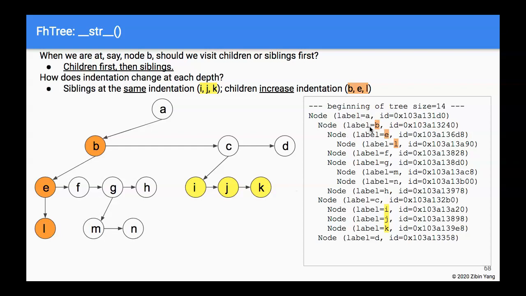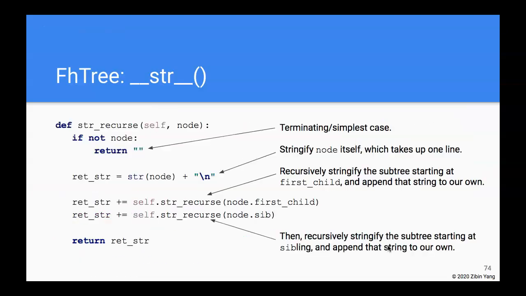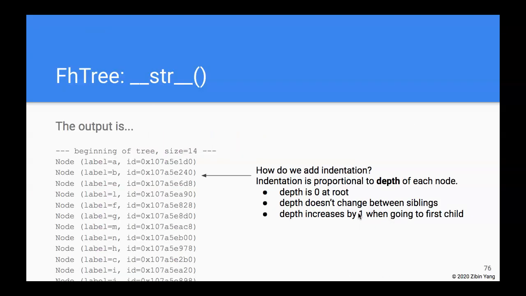That is the direct result of the indentation increasing as we go from a parent to each child. Also remember, the indentation does not change when we go between siblings. And lastly, the root node is not indented in any way.